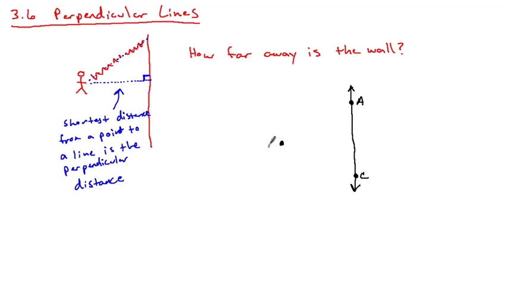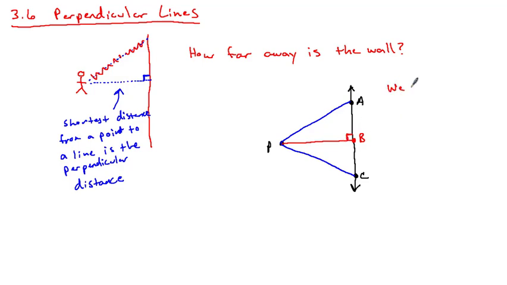This will be point P. If we're measuring from point P to line AC, we're not going to measure from P to A, and we're not going to measure from P to C. We're going to measure from P to B, which is not a point that we had on the line, so we're going to add it if we have to. And we're always going to make the measurement be the perpendicular distance from the point to the line.